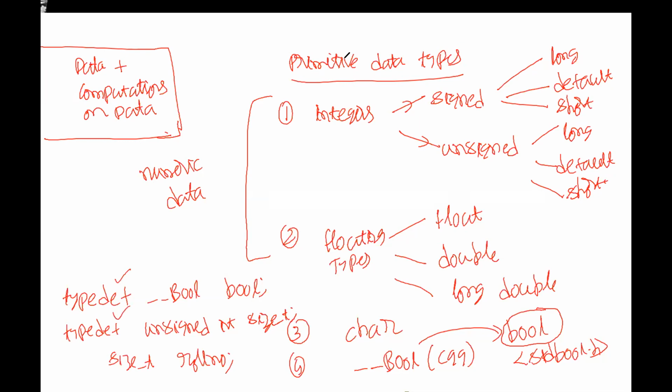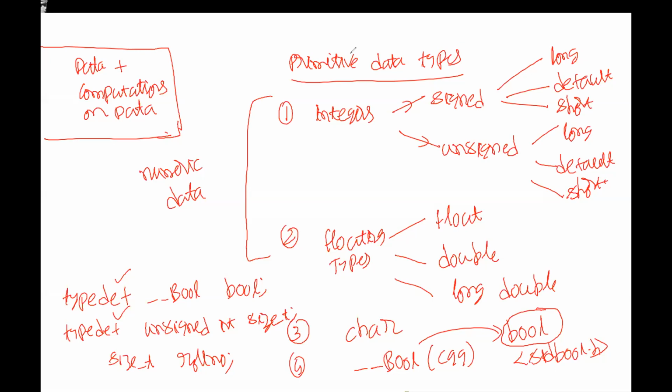The point here is you have the primitive data types: integers, floating point data types, character, bool. From these primitive data types, we can construct new data types. For example, you can have an array of integers, or a structure which is an aggregate of fields coming from primitive data types. You can have a union, an array of structures, or a structure which contains an array.